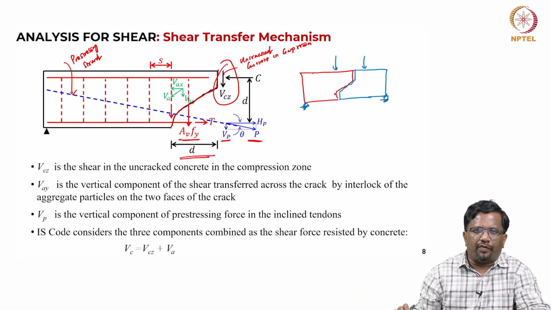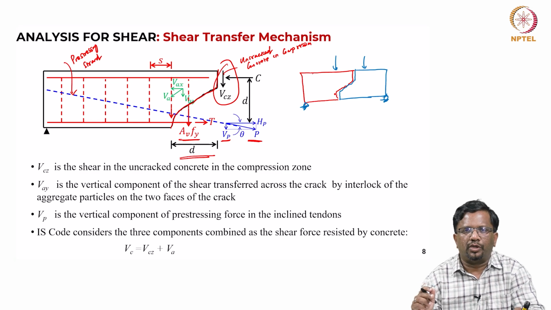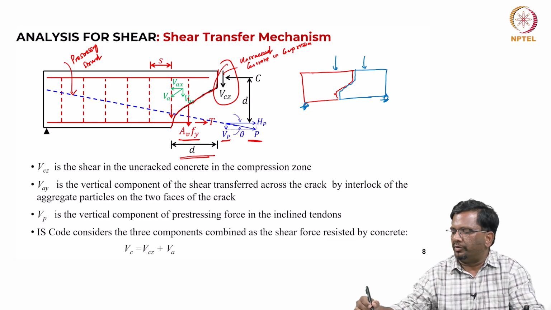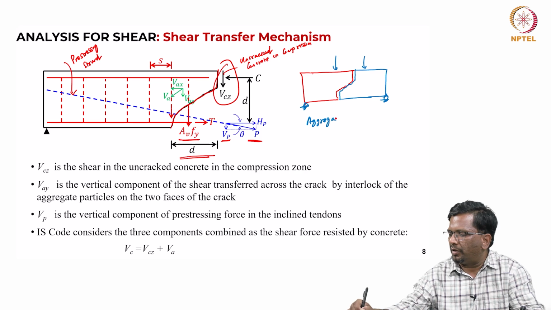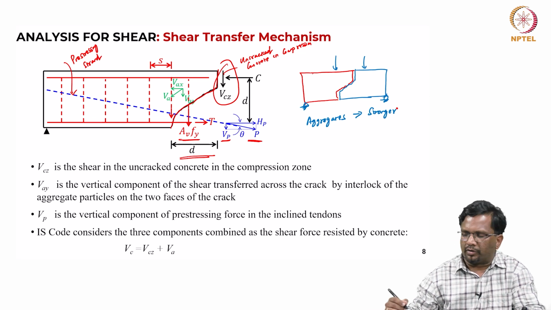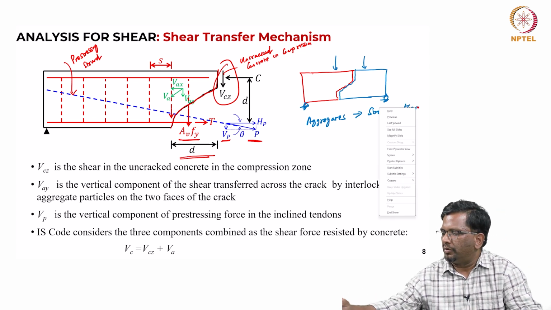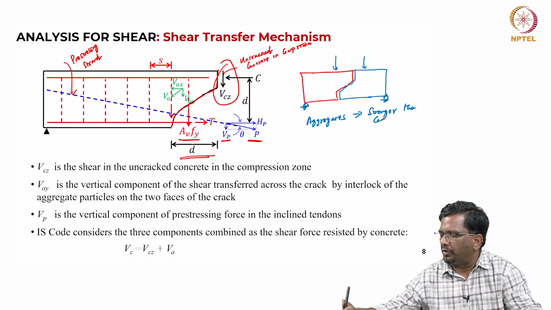Now, between the cracked surfaces, the crack is not going to be smooth and it is going to be rough, because your aggregates are going to be there. Now, typically aggregates are stronger in a normal concrete than cement paste.